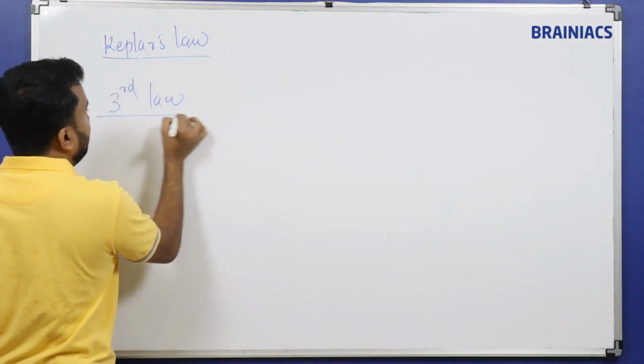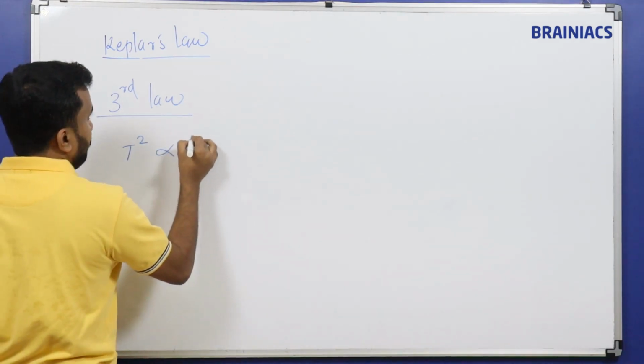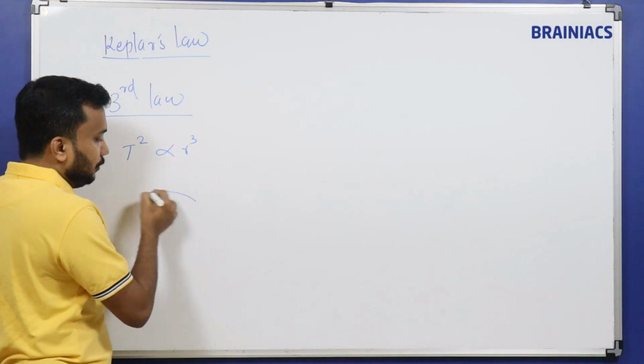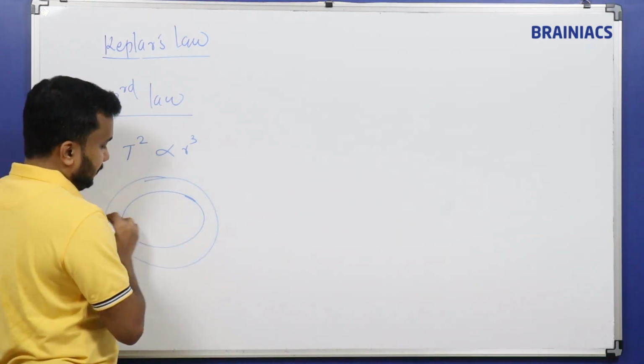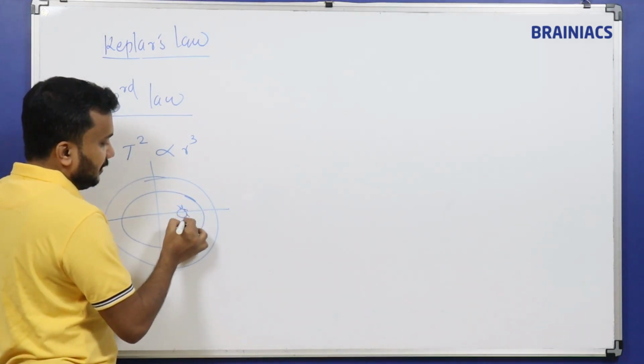Kepler's third law generally states that time squared is proportional to r cubed. But what does it mean if I want to solve some numericals? I have one ellipse and the next ellipse, with semi-major and semi-minor axes. The Sun will be located here.